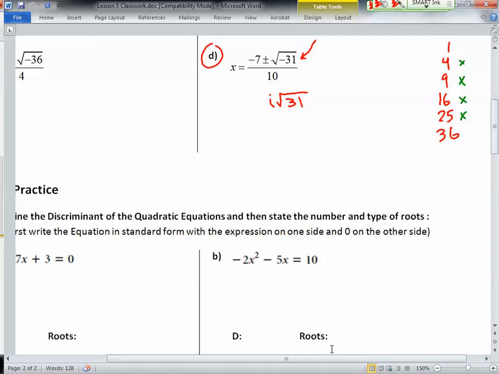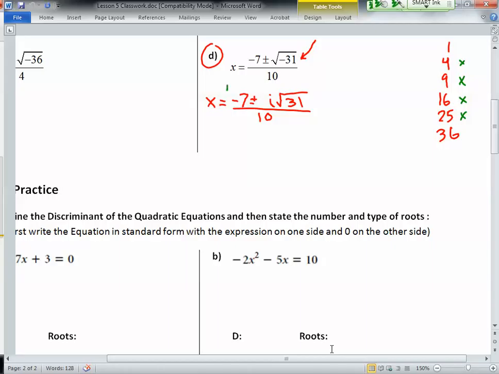Okay, so if I work the rest of the problem around it and come down, I have x equals -7 plus or minus i times the square root of 31 over 10. You all with me so far? Yeah? So now I'm going to set this up into two separate fractions.